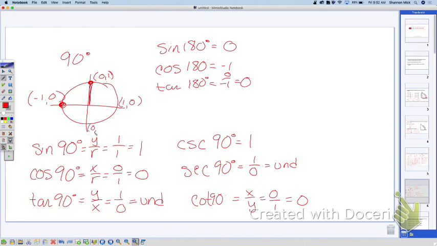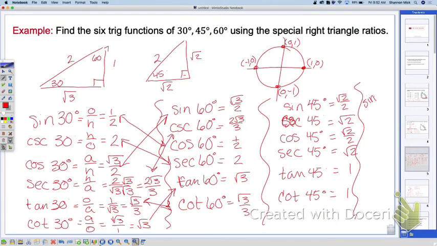I don't have to memorize those. I need to remember it's 1 unit, and if I go left 1 and nothing up, that's negative 1, 0. Just think about how we know how to graph, and put the points there. Back on the 45, 45, 90, if it's 2 square root of 2 over 2, you just reduce the 2s, and that's 1. Okay, let's see what else we got.